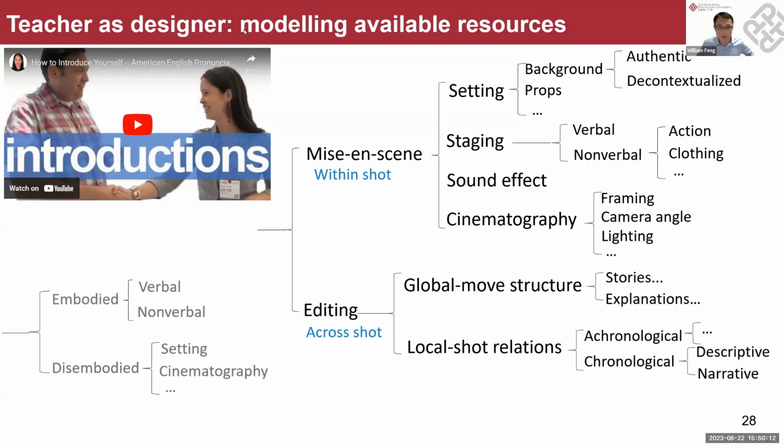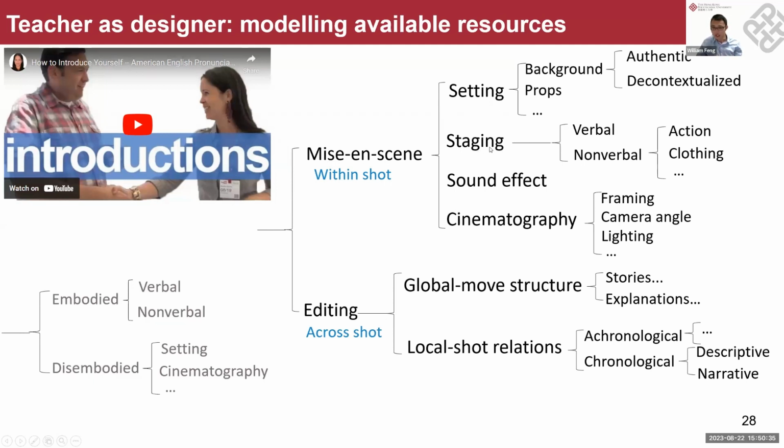So, for example, in this framework, we say in designing a film, we have mise en scène, that is what happens within a shot, and then editing, right? What happens across shots. So within the shot, then you have all these resources for setting, staging, sound effects, cinematography, and so on.